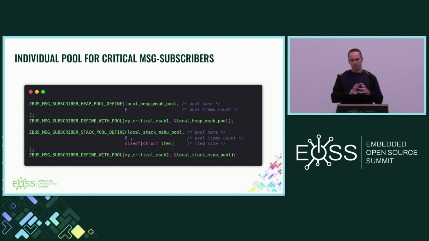So we can separate that. It's not implemented yet, but I think that would be there soon. And you can create a heap pool or a stack pool and keep that separated. And you can share the same pool with some channels. It would be good to make that safer or more critical-adjusted.